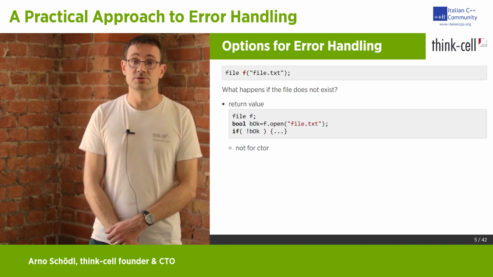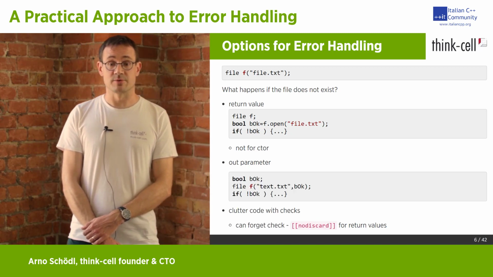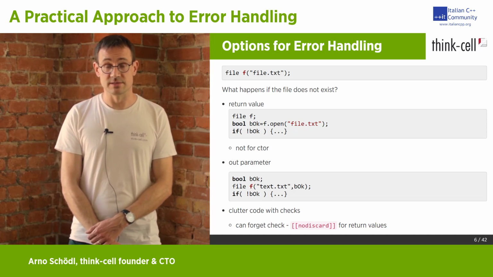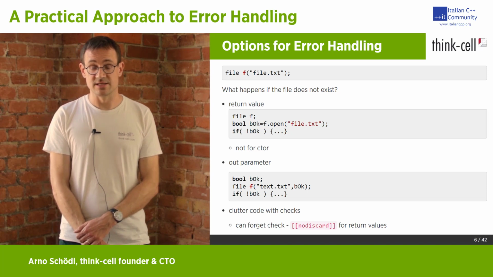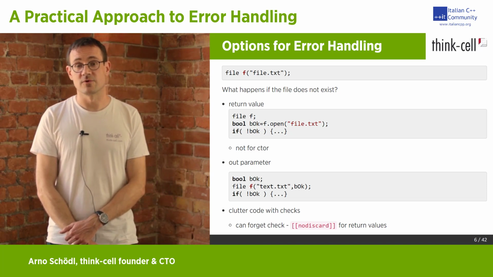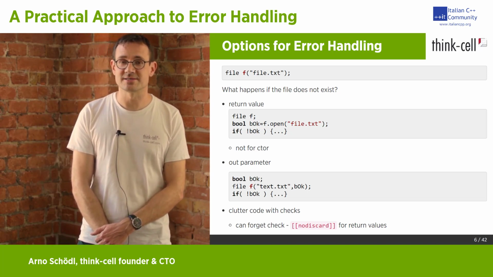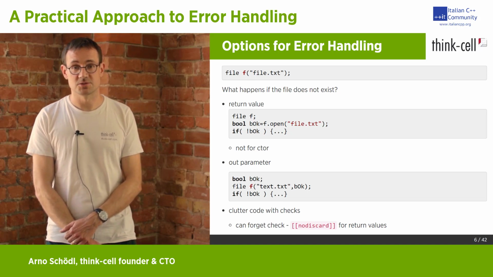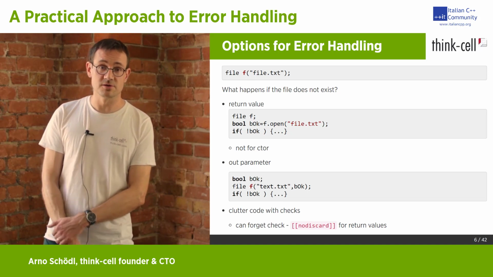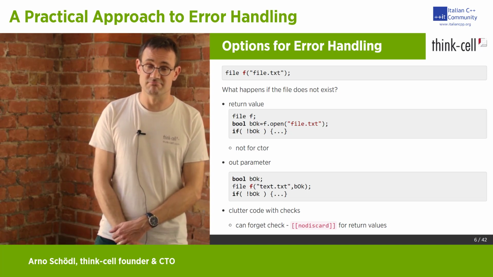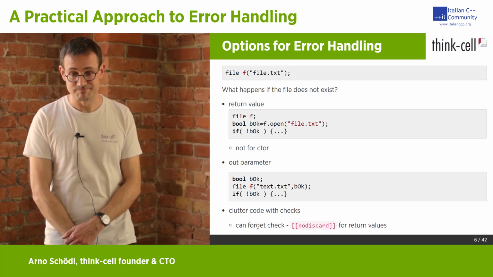Another way to do it is with an out parameter. Quite similar. You can now use it in a constructor, but the disadvantage is that you cannot use nodiscard for checking that you actually didn't forget to check your error value. So both of these approaches clutter the code and are, well, maybe less than ideal.